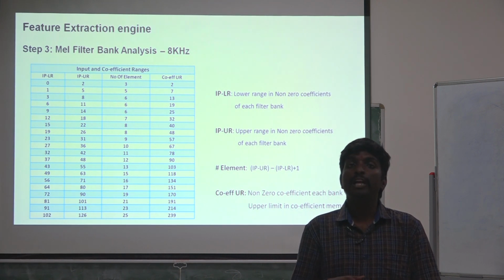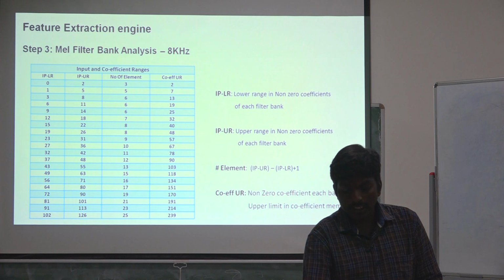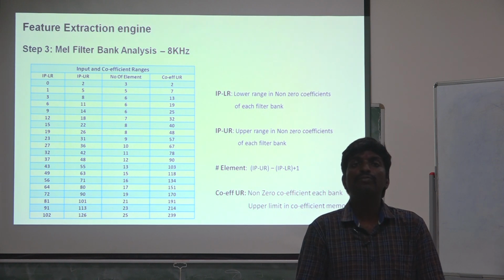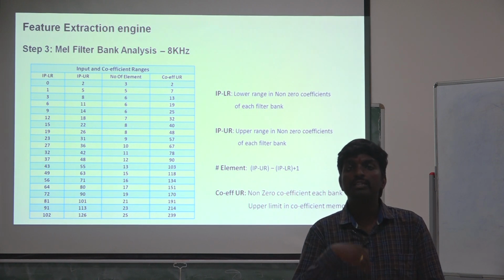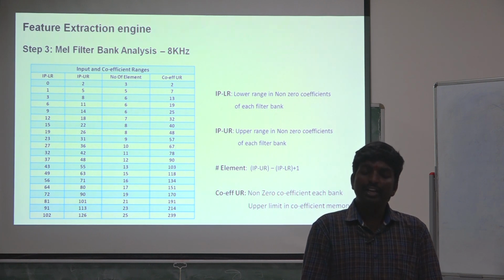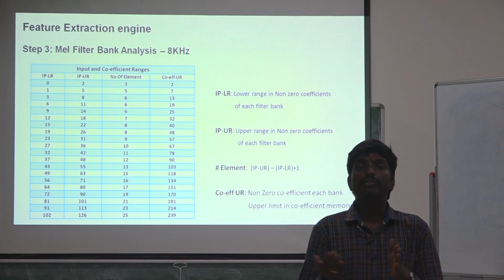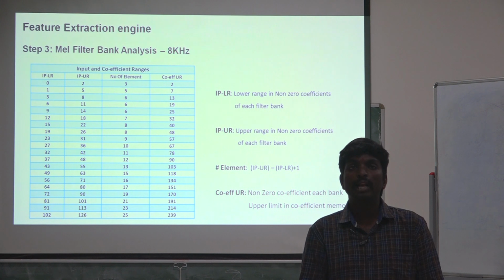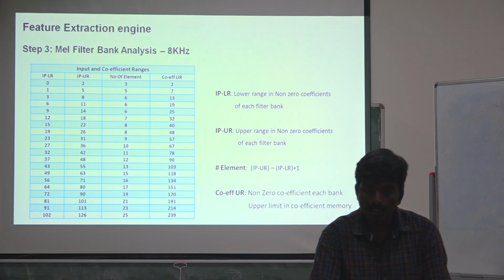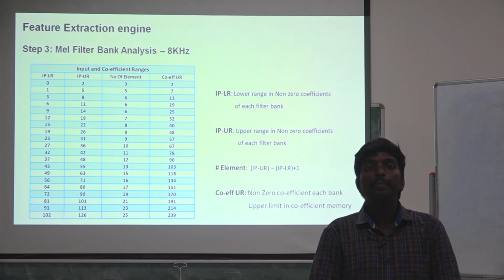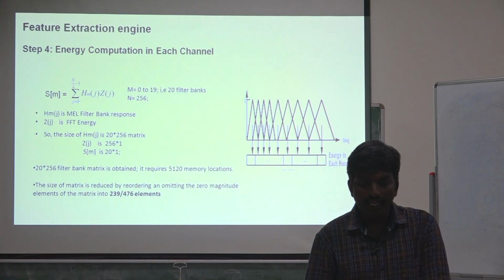It means minimum we need 240 clock cycles. Or else, if you are reading in terms of frequency coefficients, after the FFT component, we need to read from 0 to 127, which means 128 elements. So this is the second restriction we are getting for building the architecture.